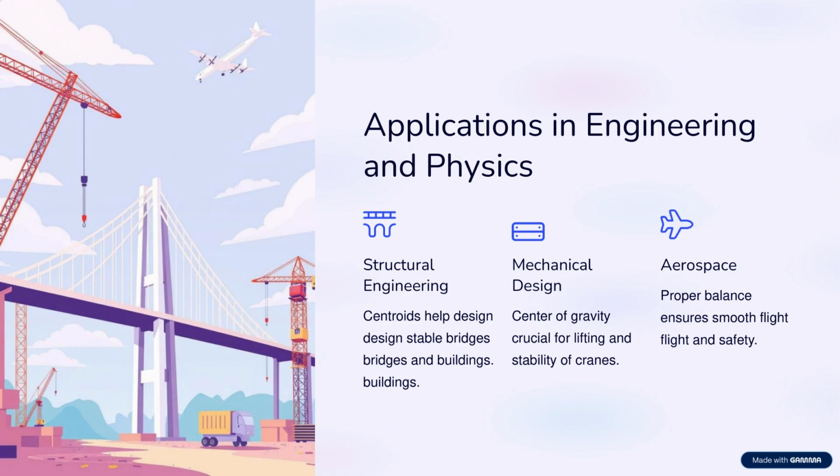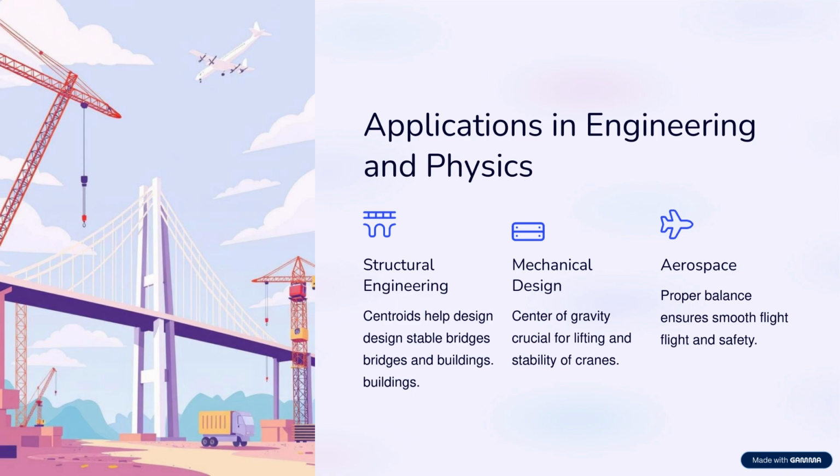In mechanical design, center of gravity is crucial for lifting and stability of cranes. It also provides stability in lifting heavy stuff with cranes and other equipment. And in aerospace, proper balance ensures smooth flight and safety.